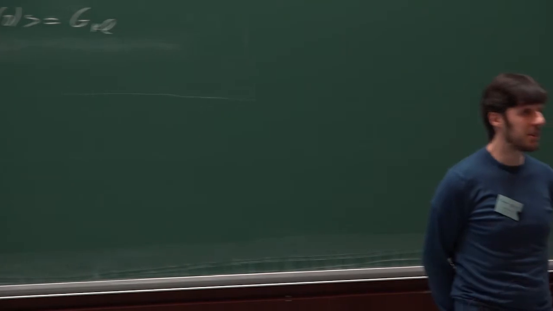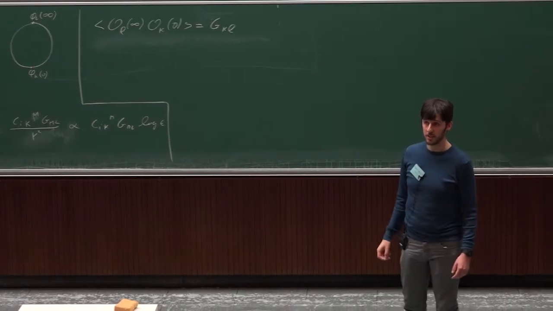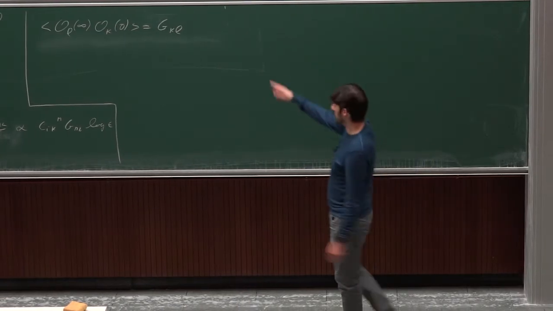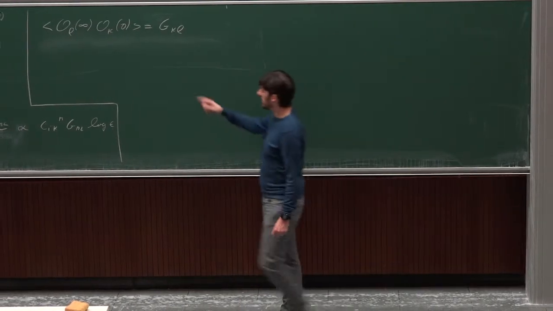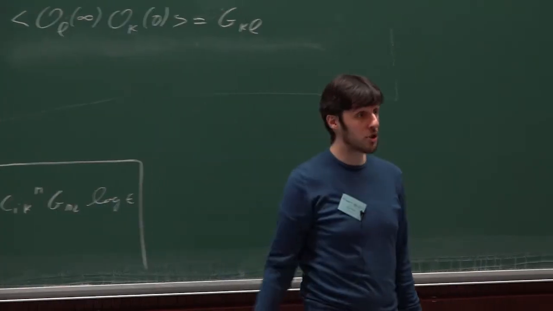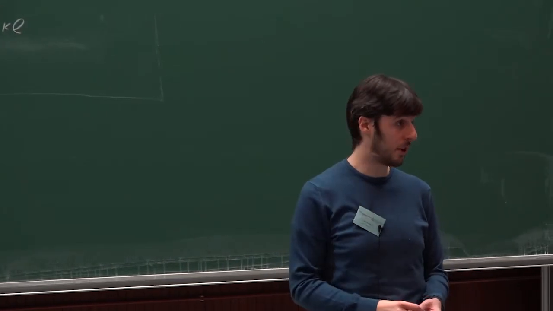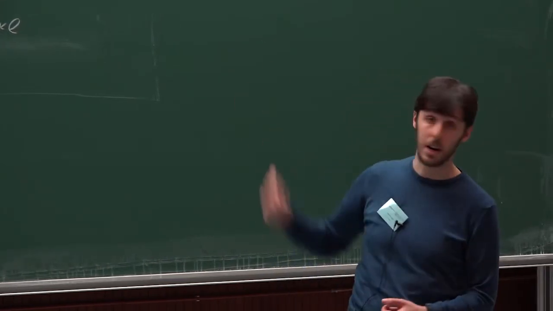Now this object has much more right to be named G. The reason is that, remember, these O's transform as tangent vectors, or a basis of tangent vectors, under reparametrization of my parameters.